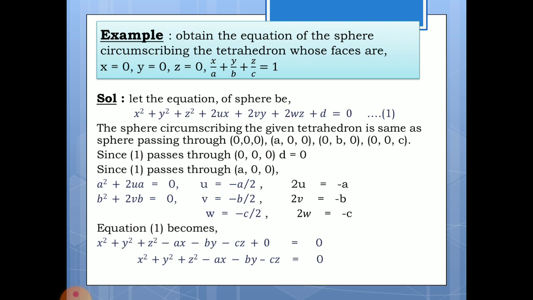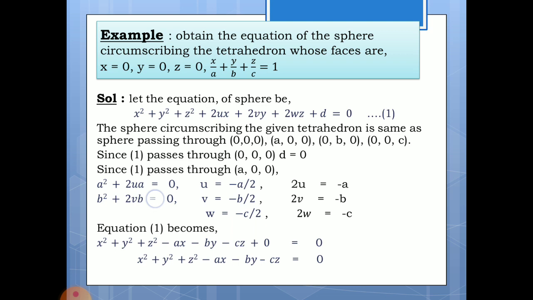That means there are 4 points which are common to the sphere and each face of the tetrahedron. And according to these equations, one of these points is 0, 0, 0 because x is equal to 0, y equal to 0, z equal to 0.